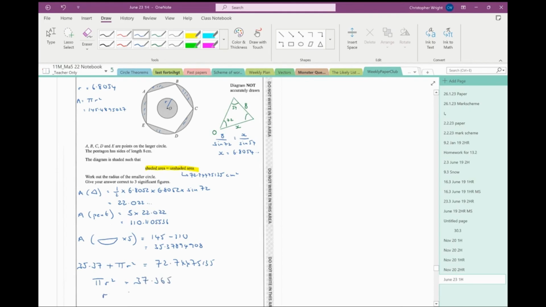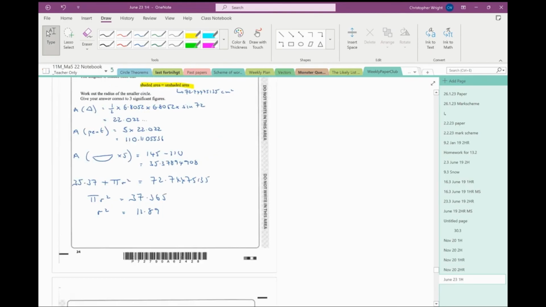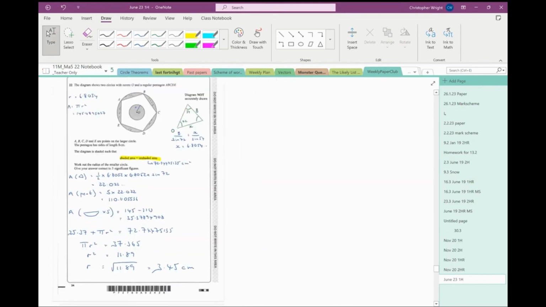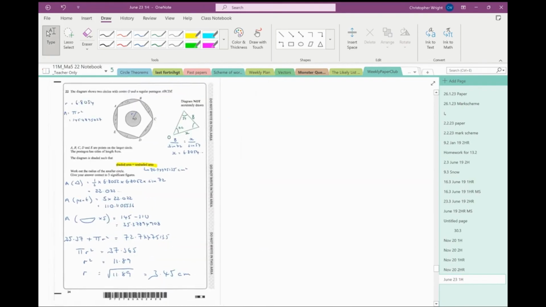So my radius squared is 11.89, and the radius of the small circle is the square root of that, which to 3 significant figures is 3.45 centimeters. And there is my solution to question 22.